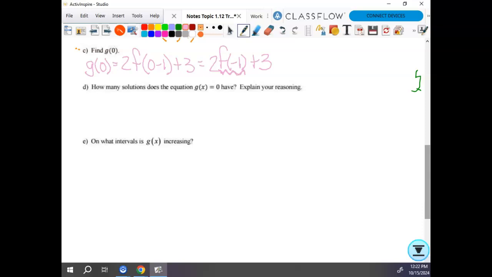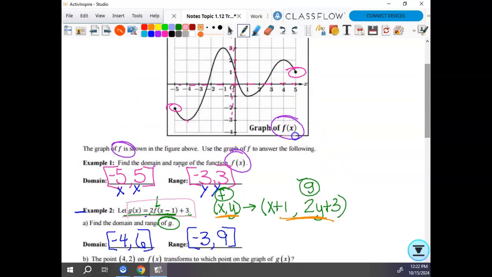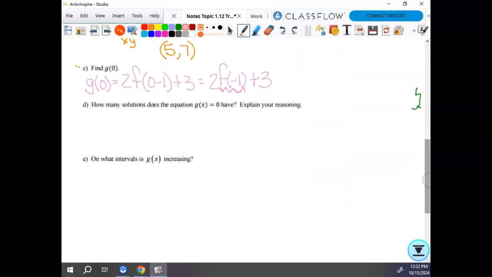So on the graph of F, because that's F of something, when X is negative 1, F is at 3. So this is really just 2 times 3 plus 3, which is 9. Okay. What questions do you have?